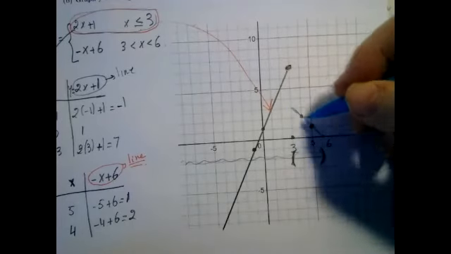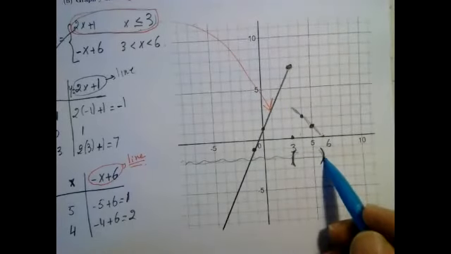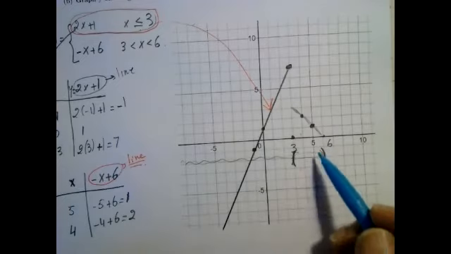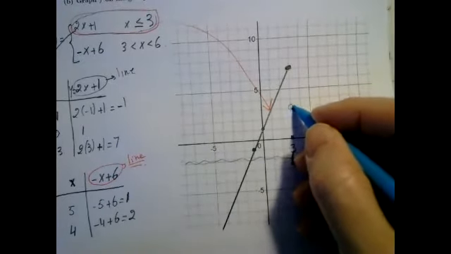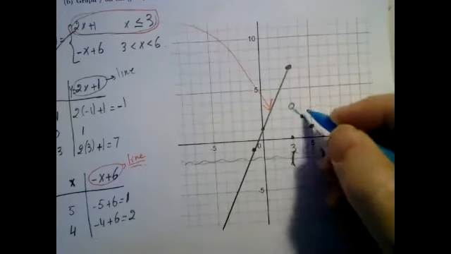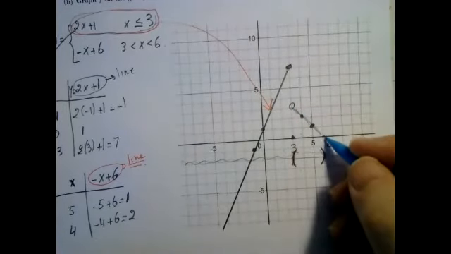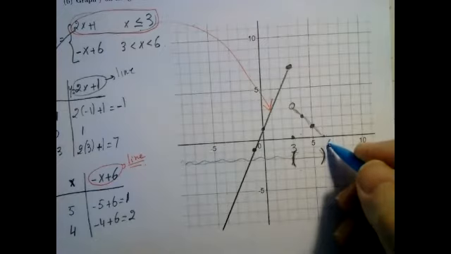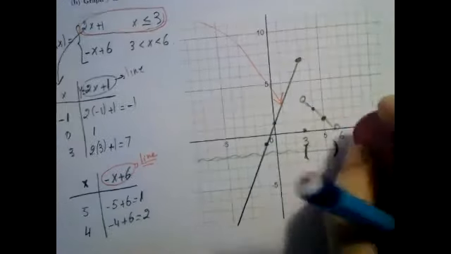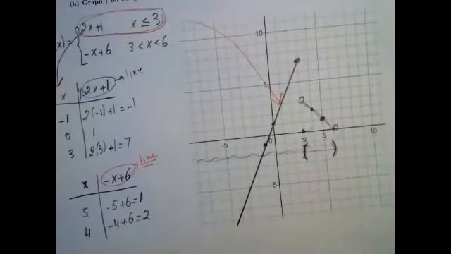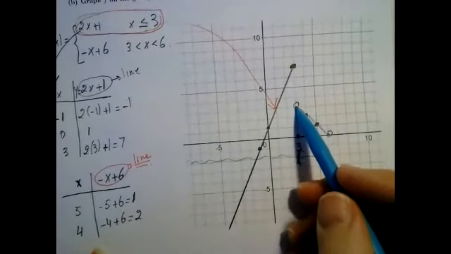But because it's everywhere between 3 and 6, what I would like to know is what the value should be here, so I know how to connect. This is 6. What should be the value here?